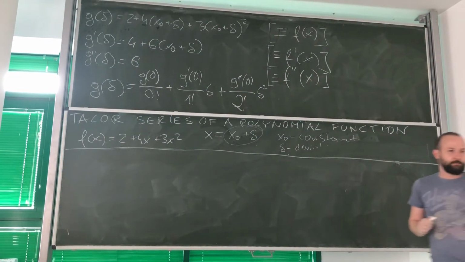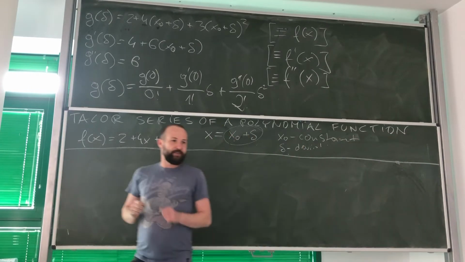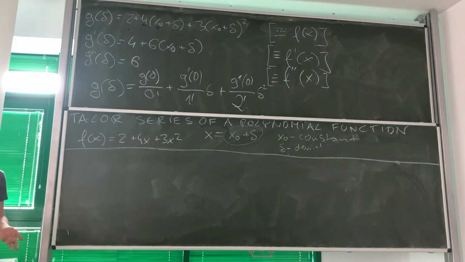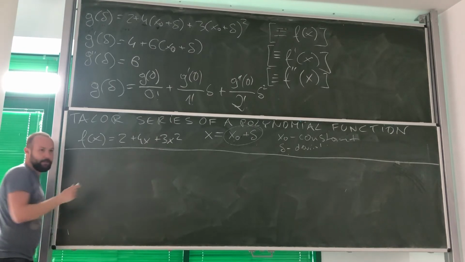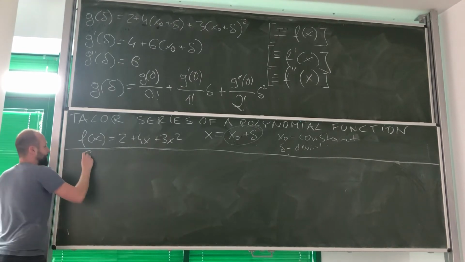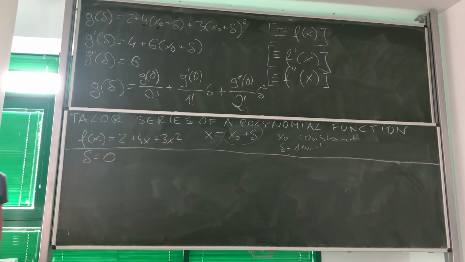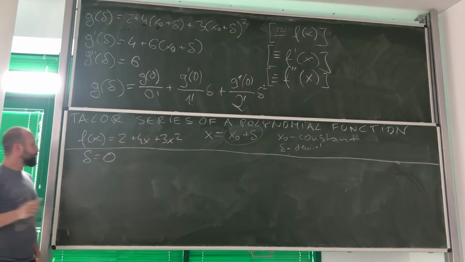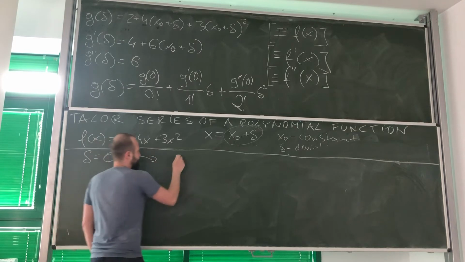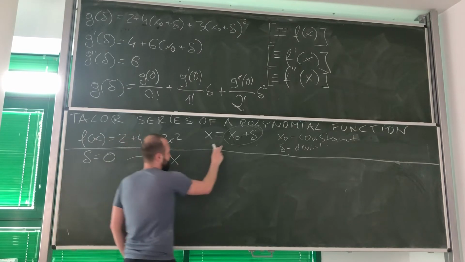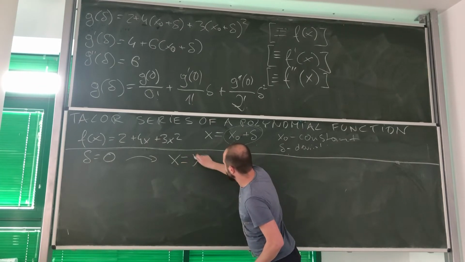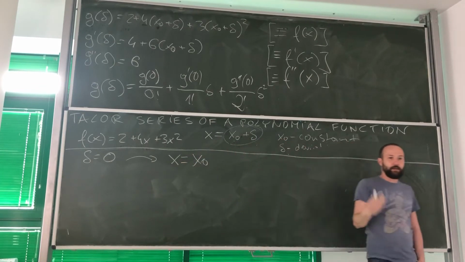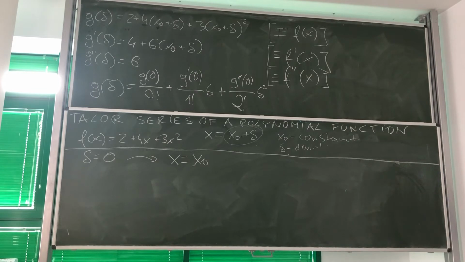Now, let's notice a couple of things. First, when delta is equal to 0, what do we get? x must be equal to x0.